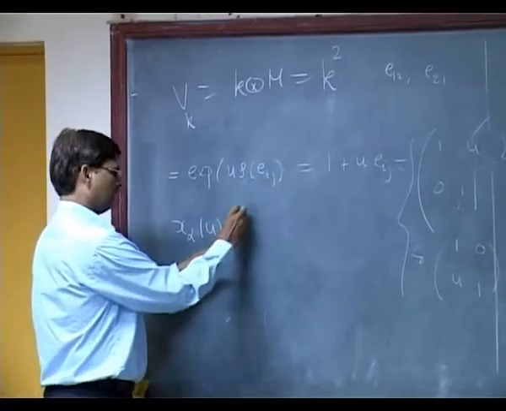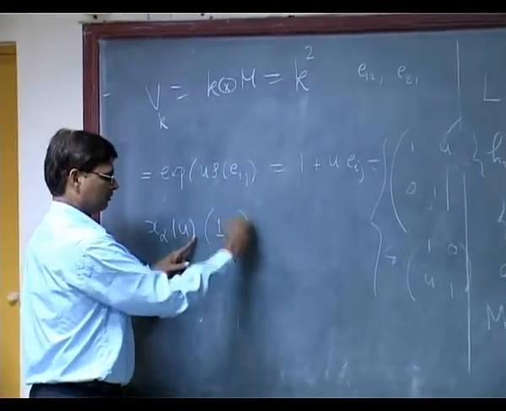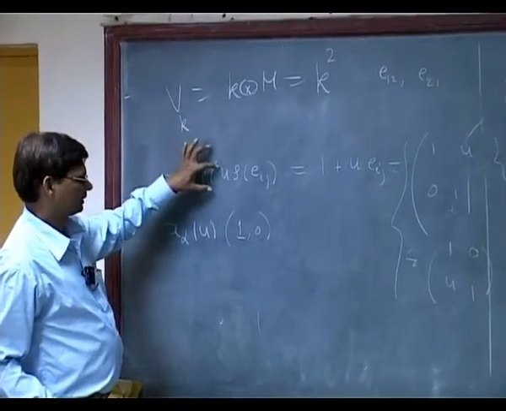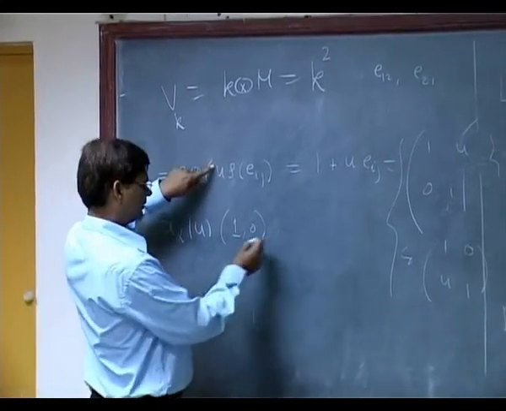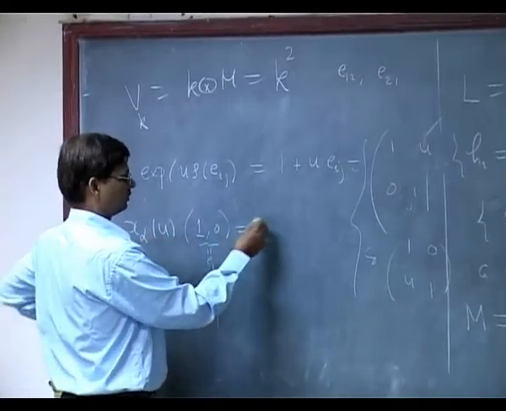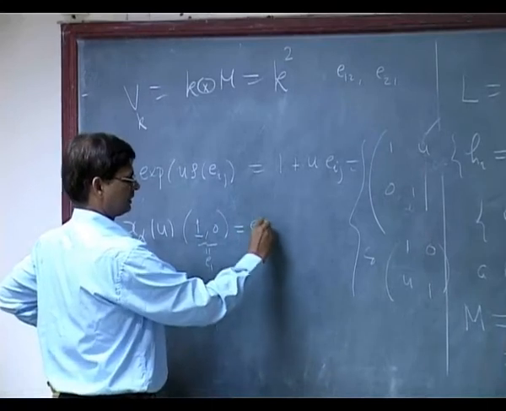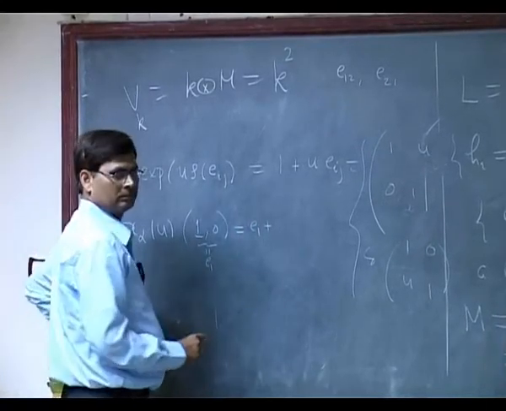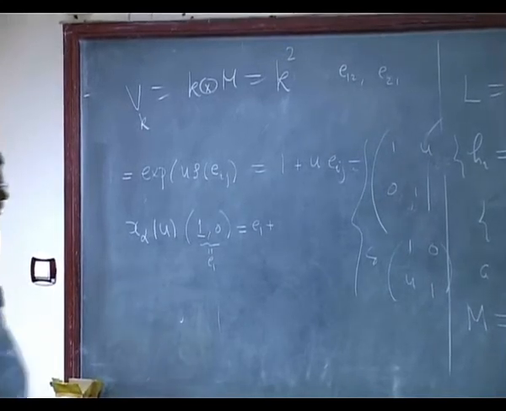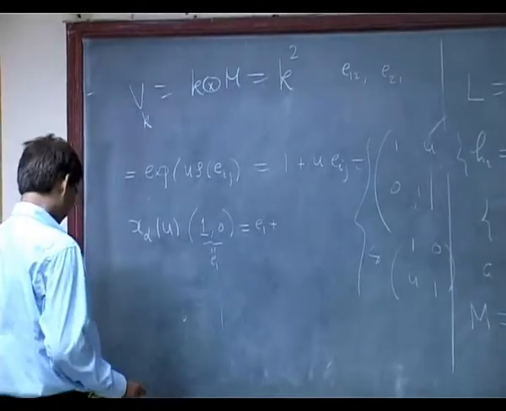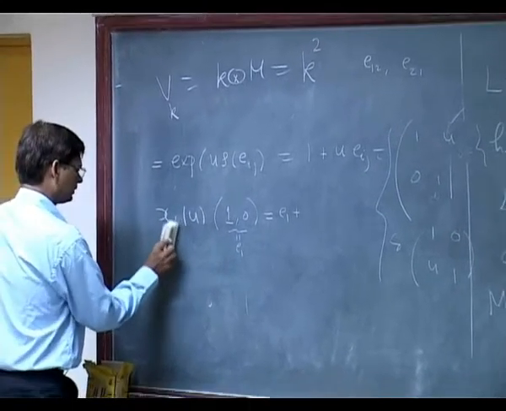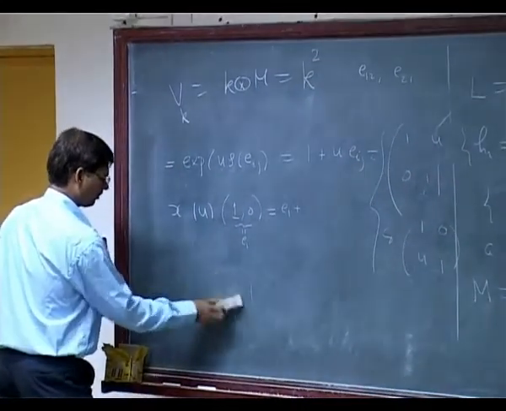So, this at E1, that means at (1, 0), which is E1, how does it act? It is precisely, let us call it again E1, so this is E1 plus... so let us put, alpha is, what are the roots here?